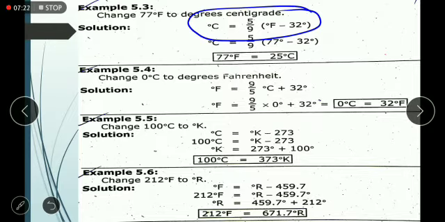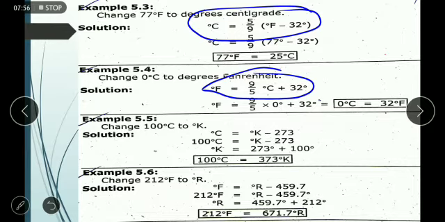After putting in values, we get 77 degrees Fahrenheit is equal to 25 degrees Celsius. The second example is to change 0 degrees Celsius to degrees Fahrenheit. We use this formula: degree Fahrenheit is equal to 9 by 5 degree Celsius plus 32 degrees. So degree Fahrenheit is equal to 9 by 5 into 0, since 0 degrees Celsius is given, plus 32 degrees. The final answer is 0 degrees Celsius is equal to 32 degrees Fahrenheit.